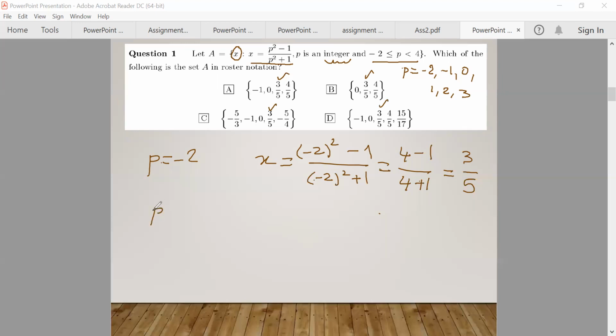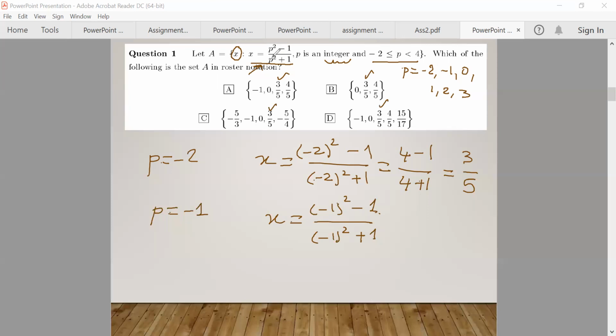For p equals -1, x equals (-1) squared minus 1 over (-1) squared plus 1. I repeat, this is the expression of x.